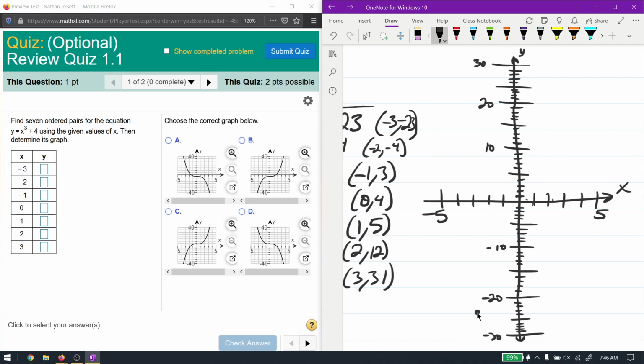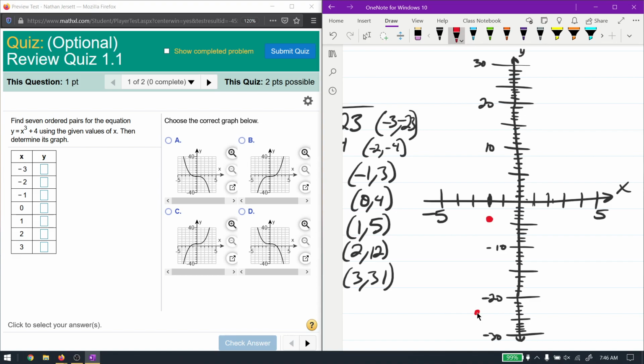Then -2, -4. -2 on the x is going to be this coordinate here, and then we're going to go down to -4. So it's going to be right about here. Let me do some different colors so you can see it a little bit better. Then -1, 3.